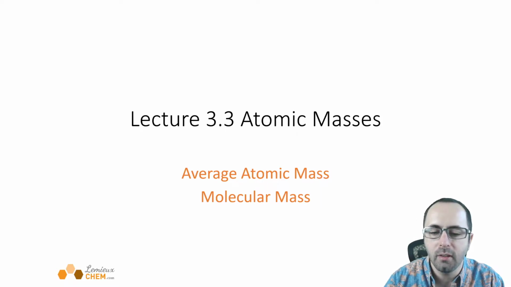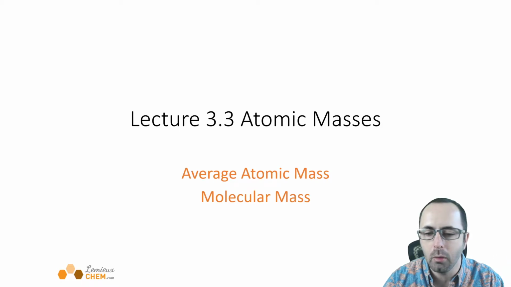Well, for that reason, it's really important to have an average atomic mass. Because when we look at a sample of atoms, there's going to be tons of different atoms, and a lot of them will be different isotopes from one another. And we want to know, for this whole bunch of atoms, how much should the atom weigh on average, so that we can have something that represents all of the atoms together.